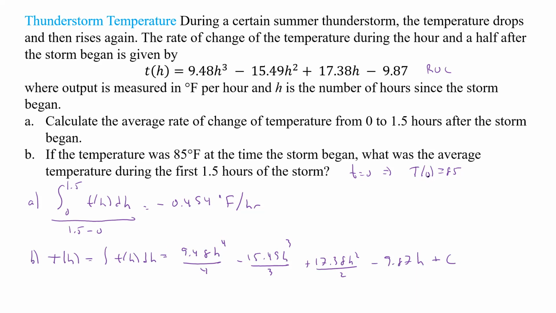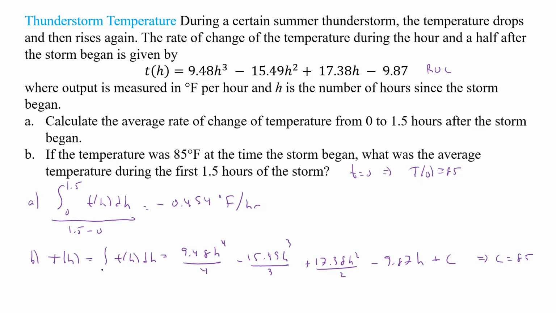At time 0, so all our h's are 0, it was 85. So 85 equals 0, 0, 0, 0 plus C, which means C is going to be 85. We just plugged in zeros for the h's, so those terms go to 0, and all we're left with is C equals 85.